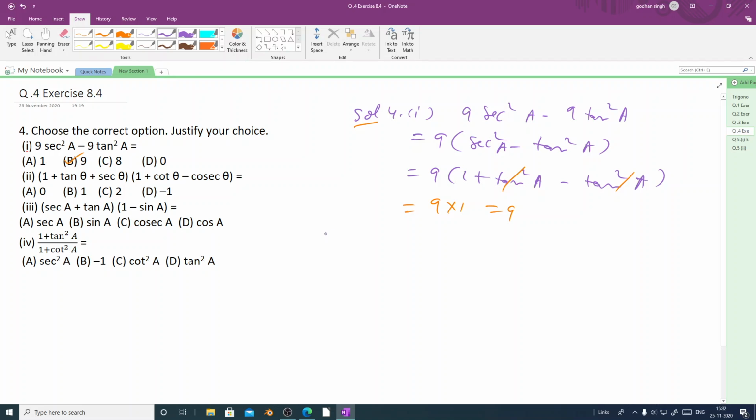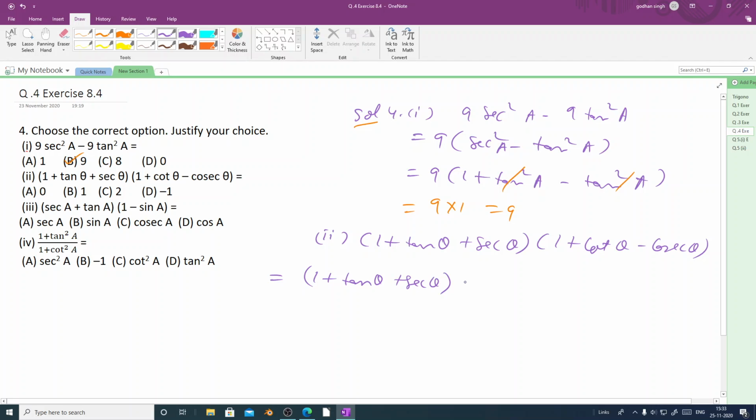Next we will be doing second part of question number 4. So second part: 1 plus tan theta plus sec theta multiplied by 1 plus cot theta minus cosec theta. We can rewrite this as 1 plus tan theta plus sec theta and 1 plus cot theta minus cosec theta.